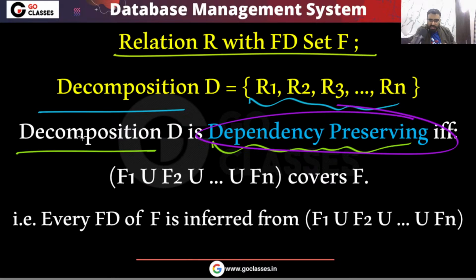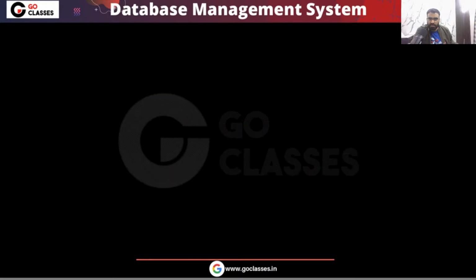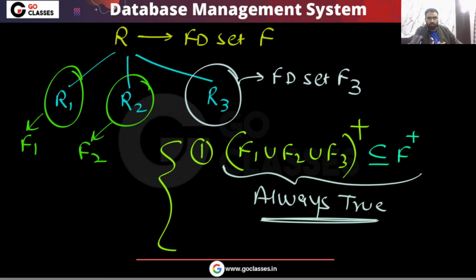So this decomposition is dependency preserving if and only if the union of F1, F2, F3, Fn, the functional dependencies of all the decomposed relations, covers F. F will always cover F1 union F2 union Fn, because this equation is always true. What does this equation mean?